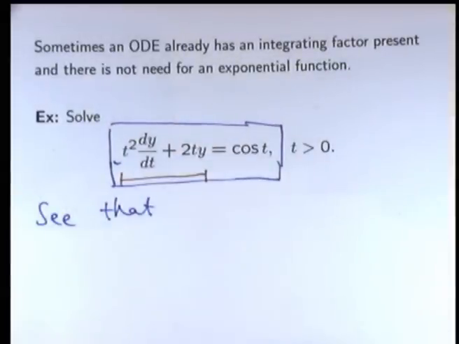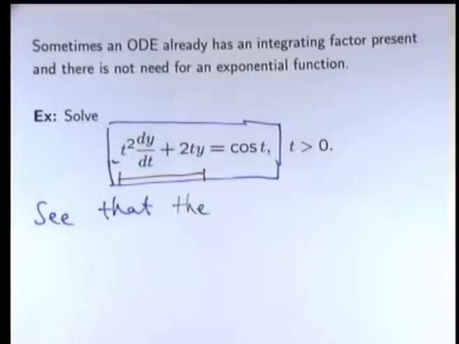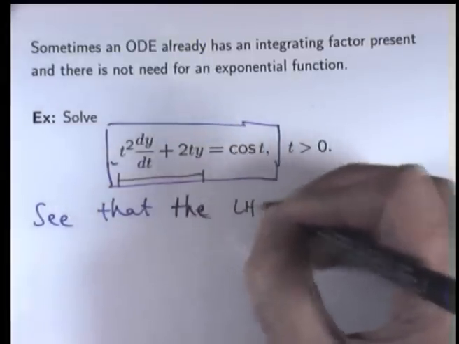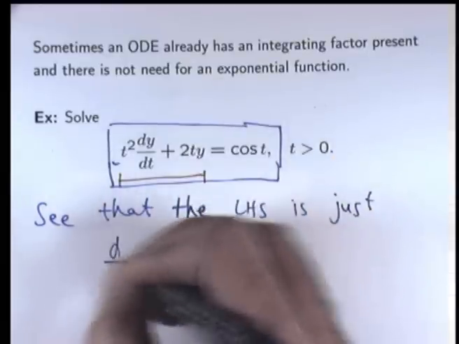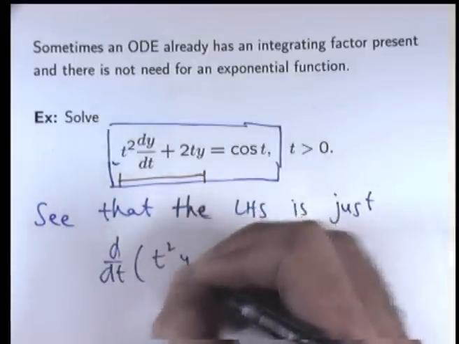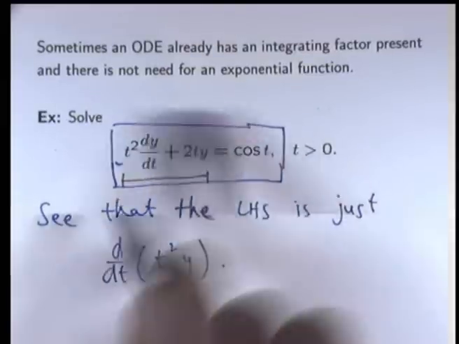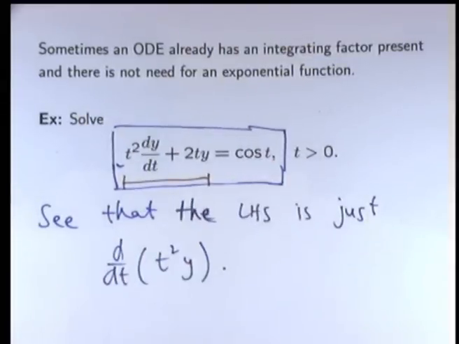So the left-hand side is just the derivative of t squared times y. So what I can do is write this as d dt of t squared times y equals cos t, and then integrate both sides, and it will bring out the unknown function, y.